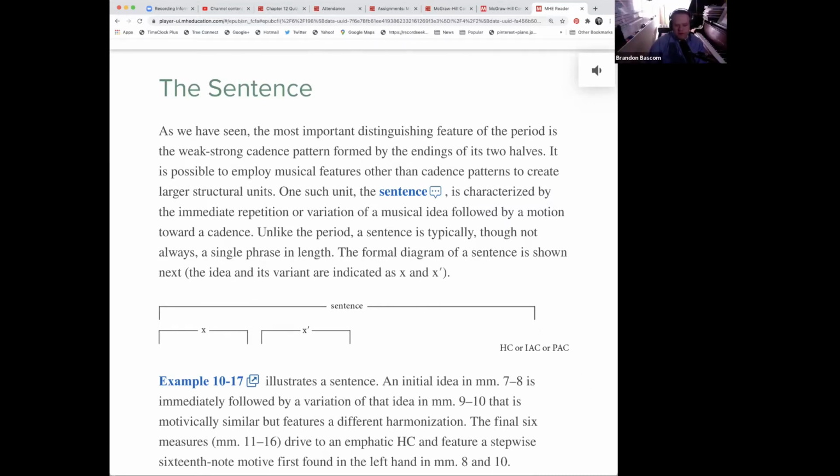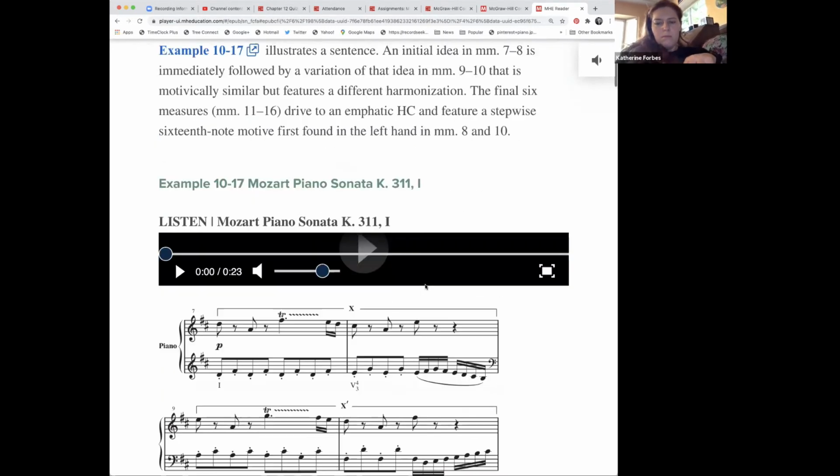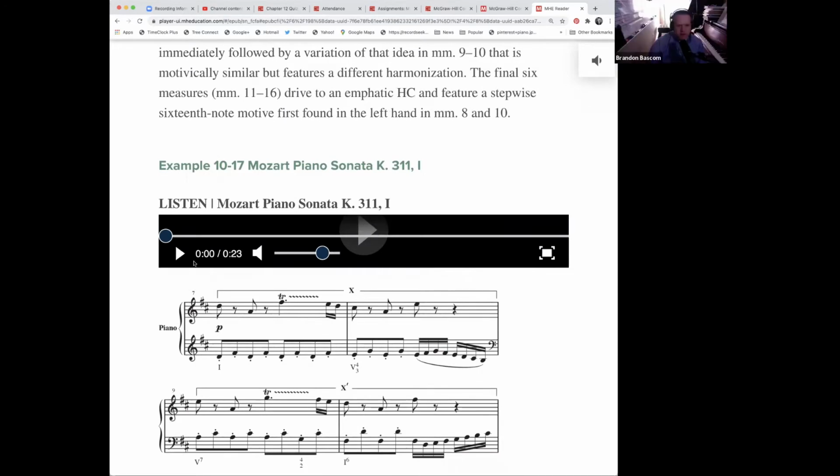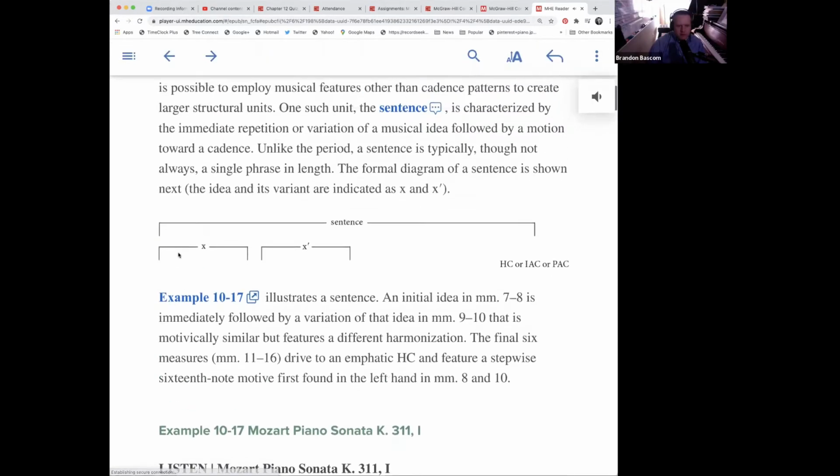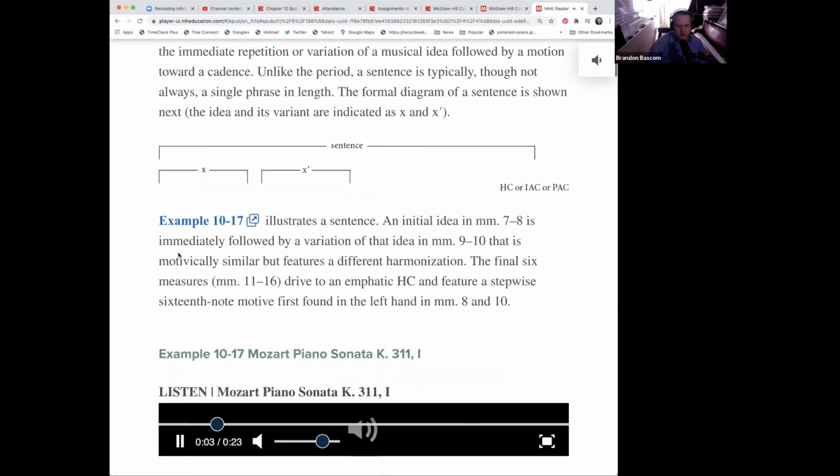So they're going to give us an example here. It's the Mozart, Example 10:17.